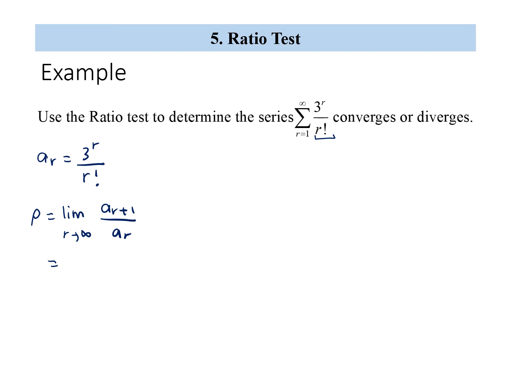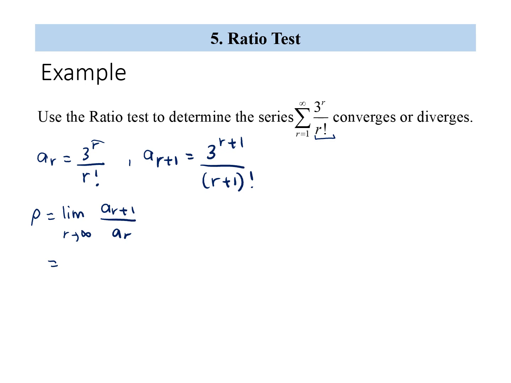So the next thing you have to do is find a_(r+1). Now r becomes r plus 1, so this becomes 3^(r+1) over (r+1) factorial.